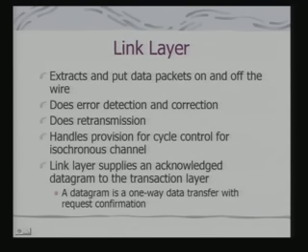Link layer also provides an acknowledged datagram to the transaction layer. What is a datagram? Datagram is a one-way data transfer with a request confirmation. So, I can send a packet with a request confirmation, and that is detected obviously at the link layer, but the whole management of the datagram has to take place at the transaction layer, because that is keeping track of the data transfer and the nature of the data transfer that is taking place.